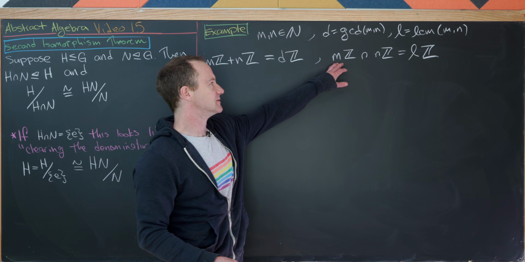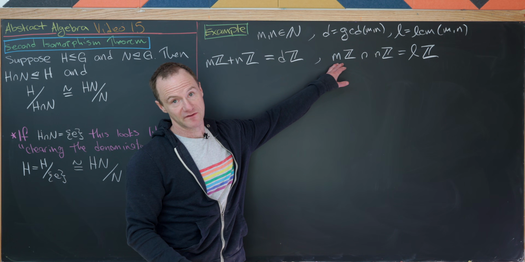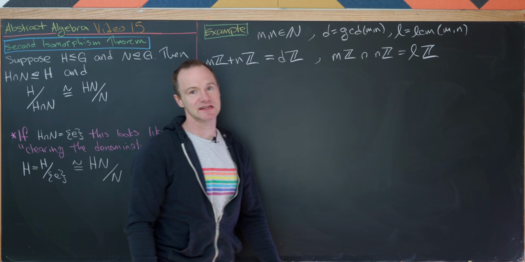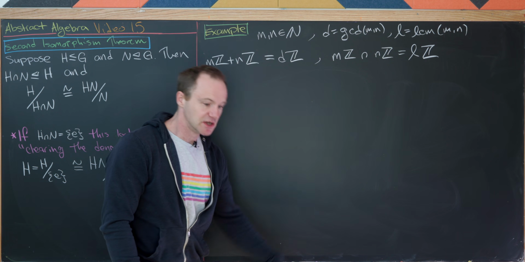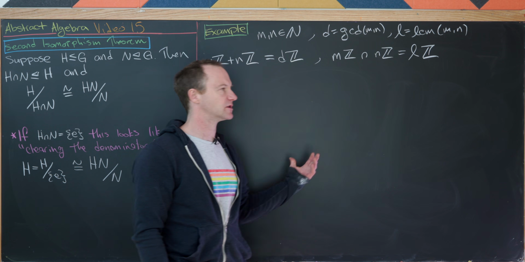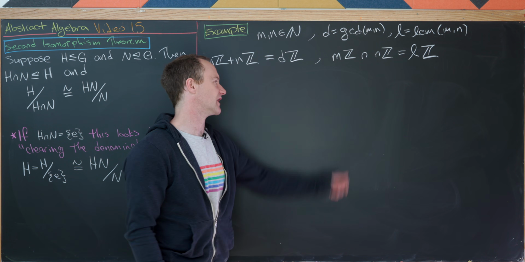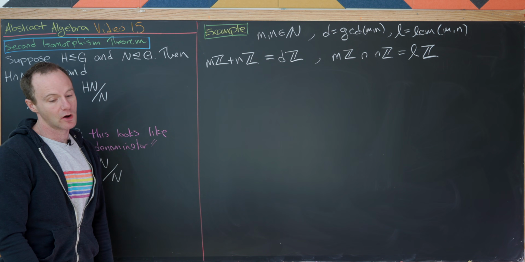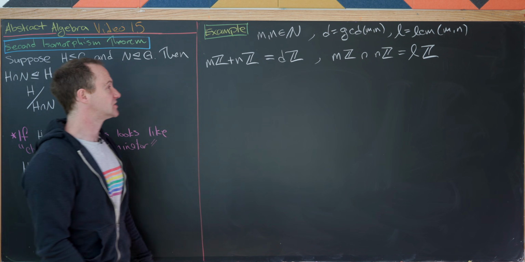Notice everything in mZ is a multiple of m, everything in nZ is a multiple of n, so everything in both is a multiple of both. But to be a multiple of both, you must be a multiple of the LCM. Okay, now let's get to it.